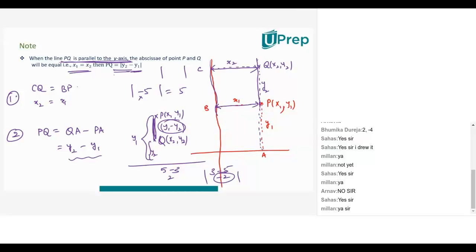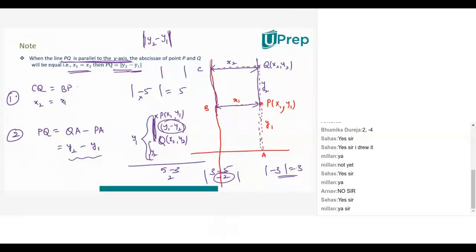Which modulus sign, sir? I mean, in the formula when I wrote mod of y2 minus y1. Why do we use this symbol, two vertical lines on either side? This sign, two vertical lines, has a specific character. If you put any negative number inside them, they eat away the minus sign and give you a positive number. It's a mathematical operation.